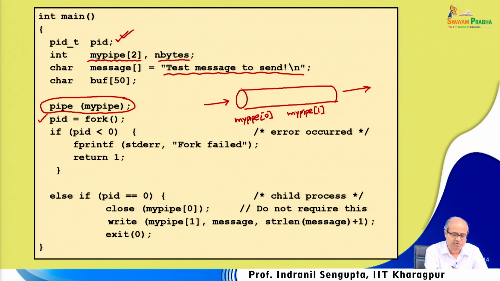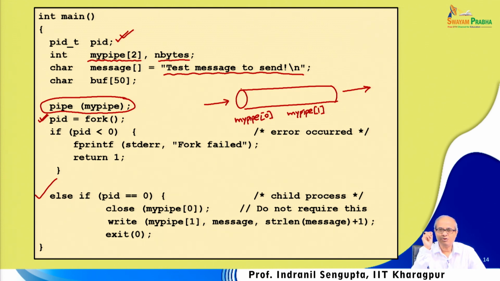We are doing a fork to create two processes. Again, if it is negative, we print an error message, fork failed. Otherwise, PID 0 means this is the child process. You see, the child process will be writing the message into the pipe, but there are two variables, mypipe 0 and mypipe 1.